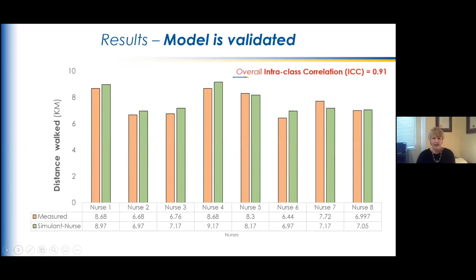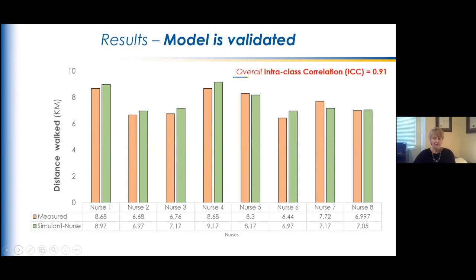So what did we find? First of all, just to give you some information about how the model was validated: it was validated using a step counter, a Fitbit worn by nurses, and compared with the distance walked by the simulant nurse. There were 8 nurses in this part of the study, ranging from 2 years to 18 years of experience. These were nurses who actually worked in the study unit.